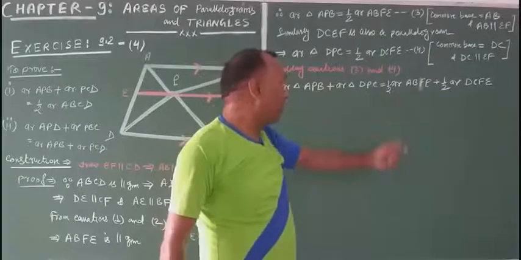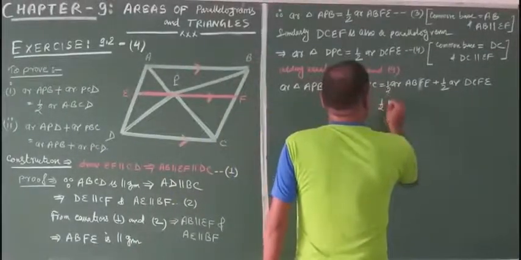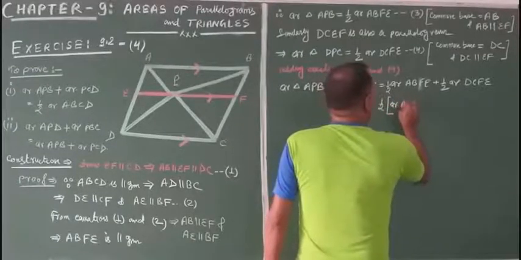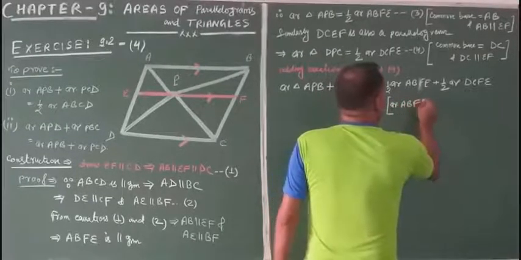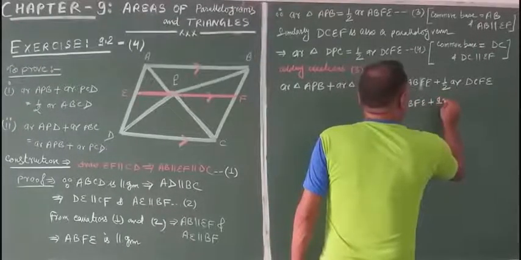Just take 1 upon 2 common. So what you will get? 1 upon 2 of area of ABFE plus area of DCFE.